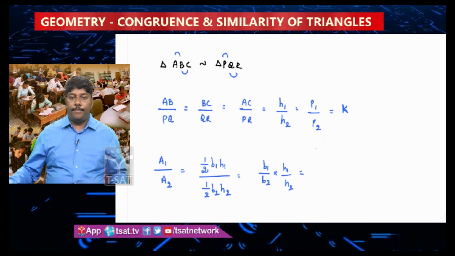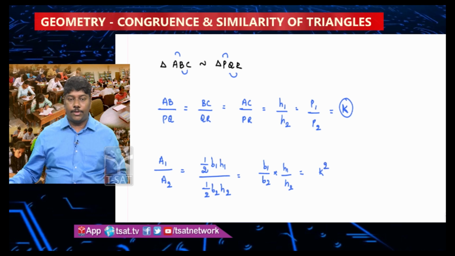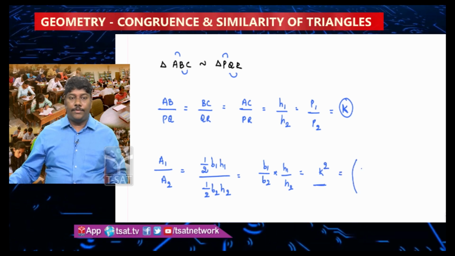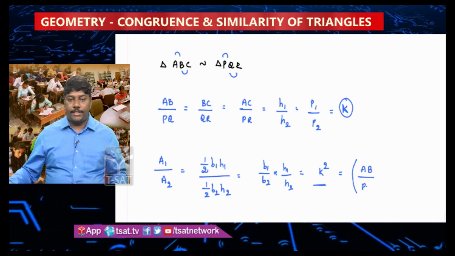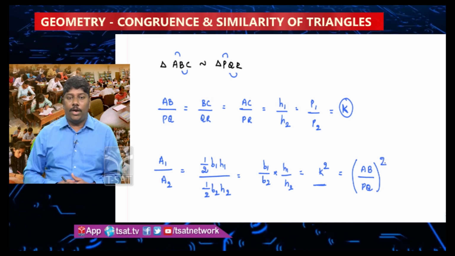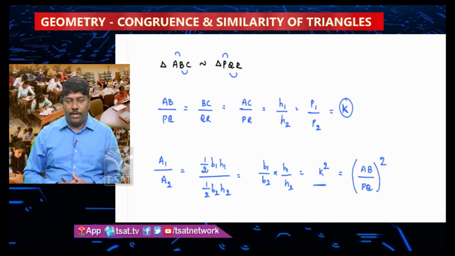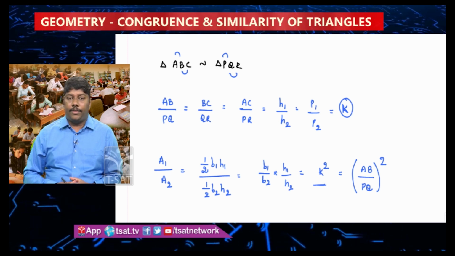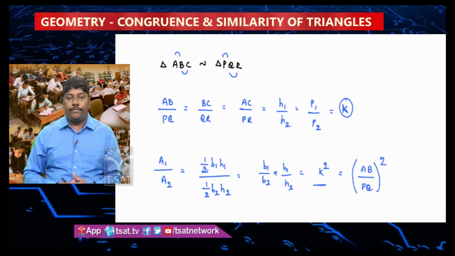Their ratio is equal to K, so K into K, K square, which means the ratio of the areas of similar triangles is equal to the square of the ratio of their sides. AB by PQ, or BC by QR, or AC by PR, whole square, or H1 by H2. If you know their heights or their perimeter ratio, then the square of this is equal to the ratio of their areas.